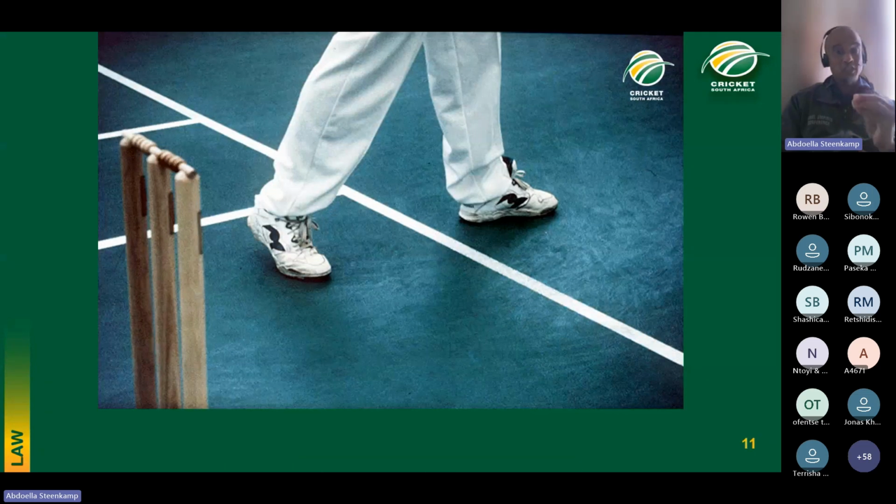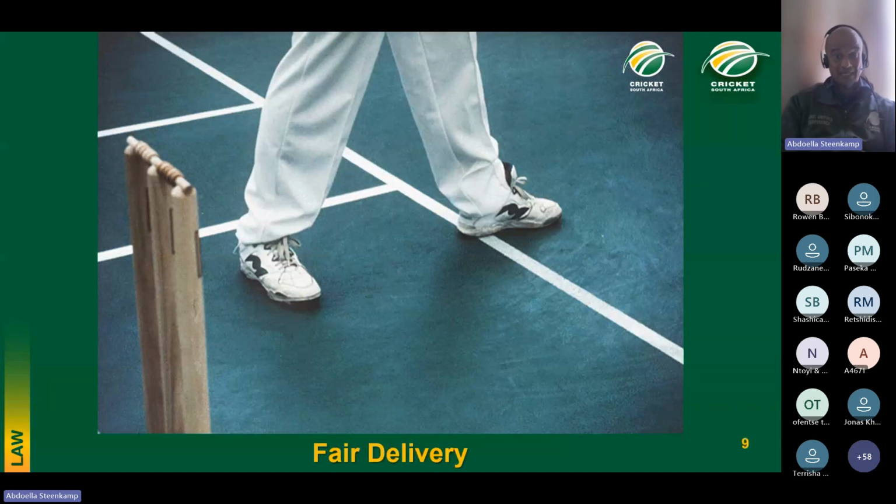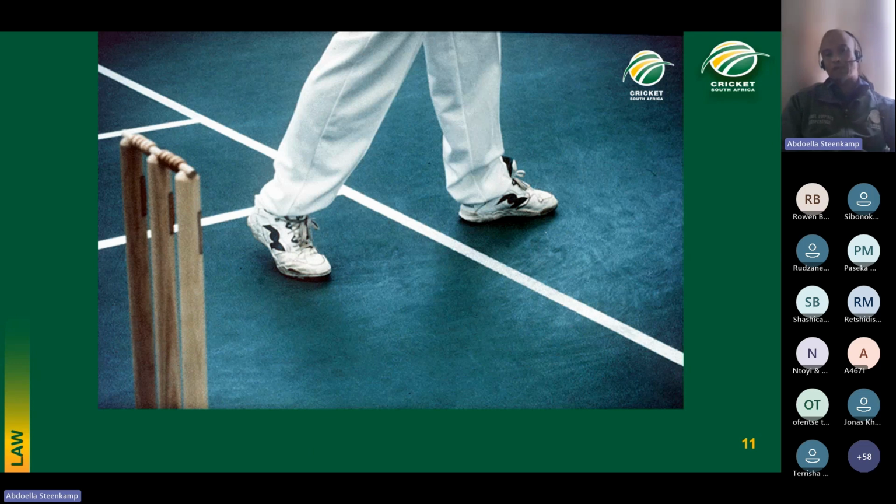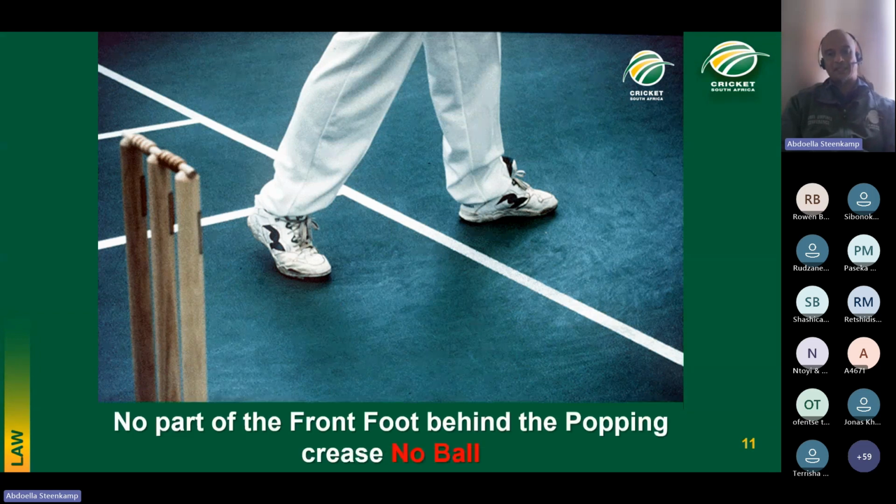So you do not judge where it ends up. You need to judge it upon first landing. And if this was first landing, it's a fair delivery. If this was first landing, then you need to call and signal no ball because there's no part of the front foot behind the back edge of the popping crease.